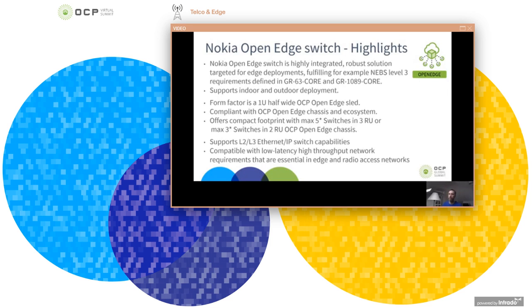The form factor of the product is a 1U half-wide OCP Open Edge sled, following the specifications of the Open Edge chassis and the sled designs that we have also already contributed earlier to Open Compute project. The design is compliant with the OCP Open Edge chassis and the related ecosystem and other components.